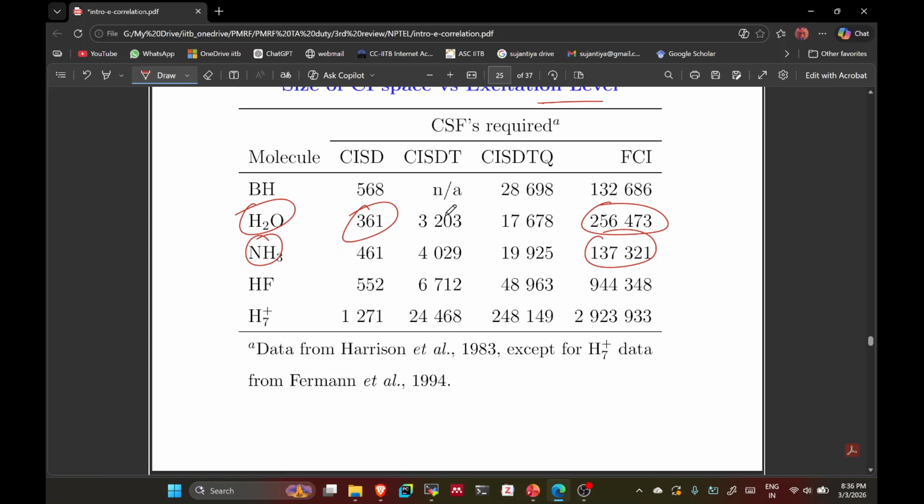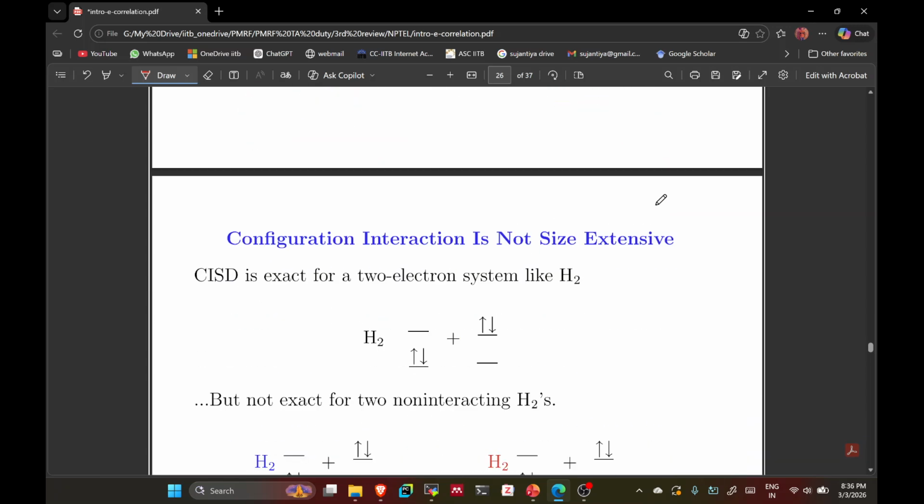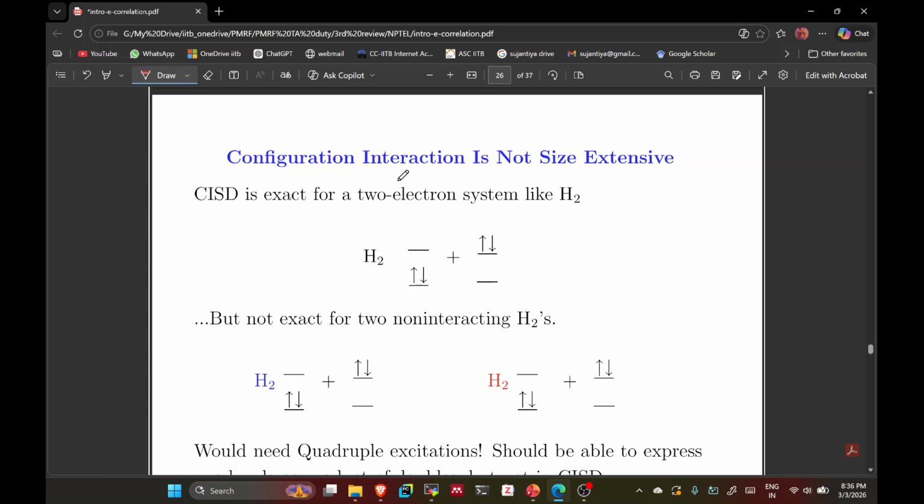So this huge number of determinants may not be required for the chemical problem that you are interested in, right?